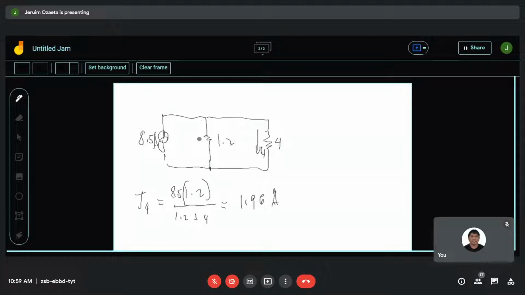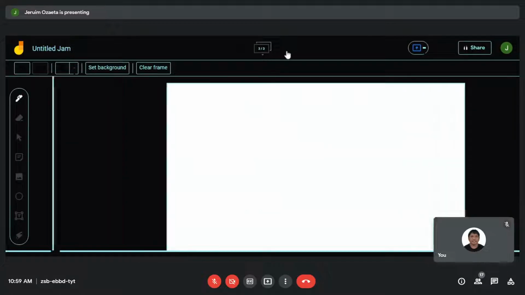So that's the current at the four ohms resistor.